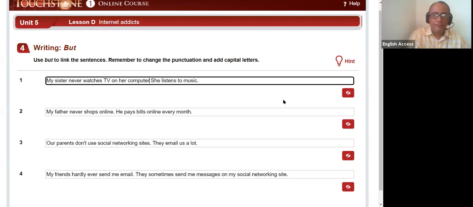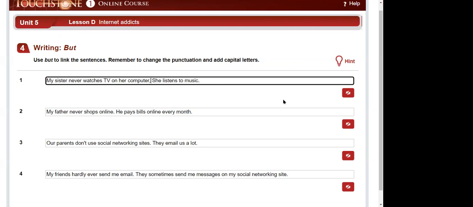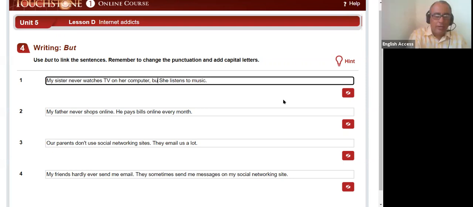What is missing here? But, comma, but. We changed capital letter for lowercase letter. My sister never watches TV on her computer, but she listens to music.